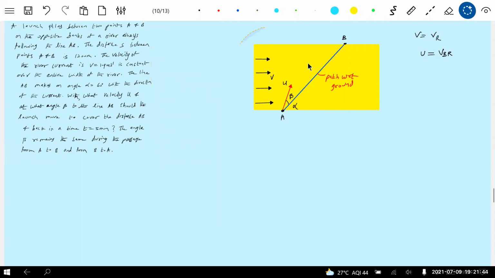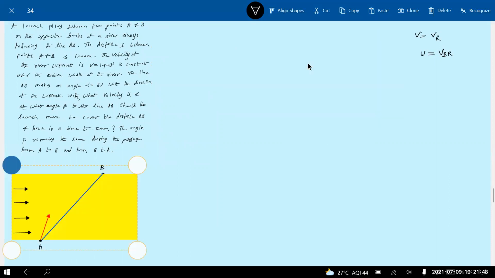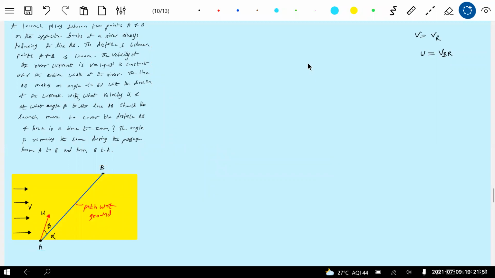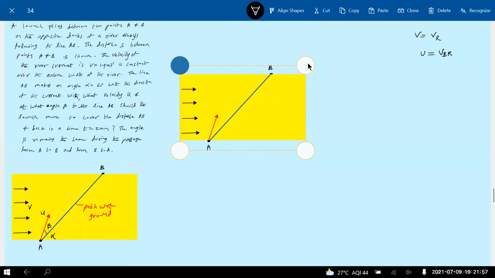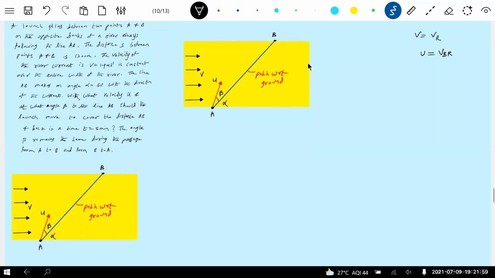The first, the onward journey. Let's go for the onward journey A to B, for path AB. Then the velocity of the boat with respect to ground should be directed along path AB.